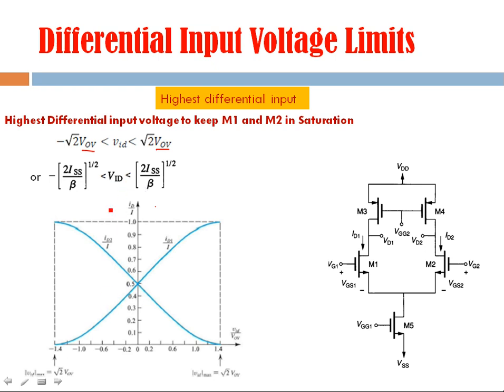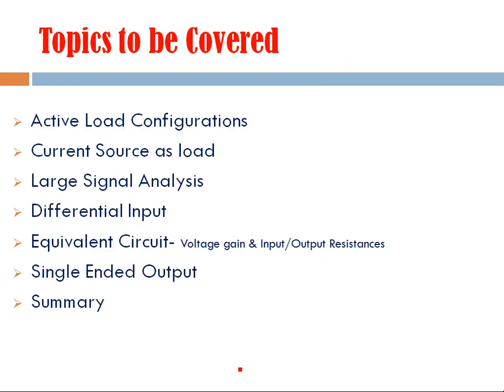So when the differential input voltage is within this range, then we get some response here, and once we go beyond this, the current doesn't change, because current has already reached the highest value in one branch, and in another branch it will be 0, right? There is no further change in the output current. So this is the maximum limit of differential input voltage which we can apply to a differential amplifier. This range is again indicated with the help of this.